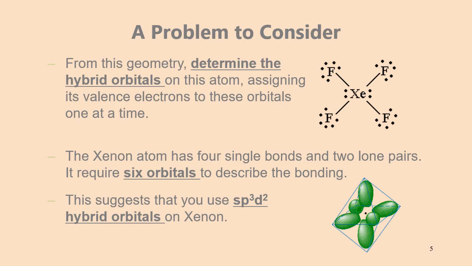The xenon atom has 4 single bonds and 2 lone pairs. It requires 6 orbitals to describe the bonding. This suggests that you use sp3d2 hybrid orbitals on xenon.